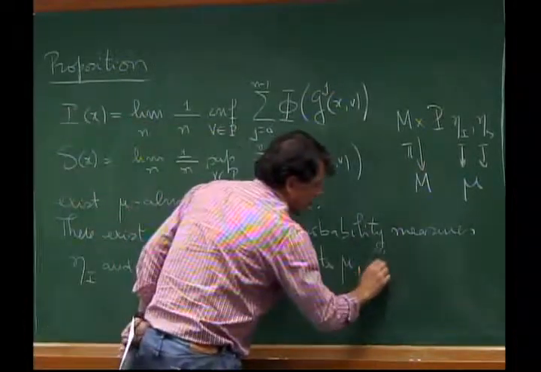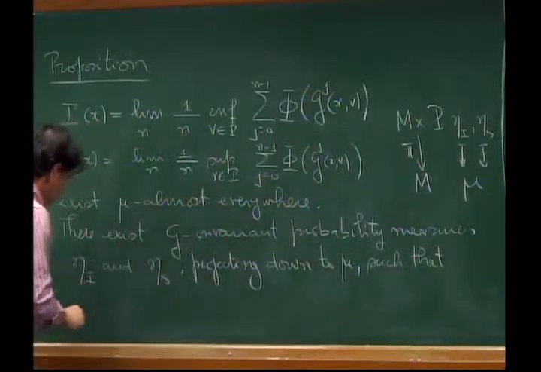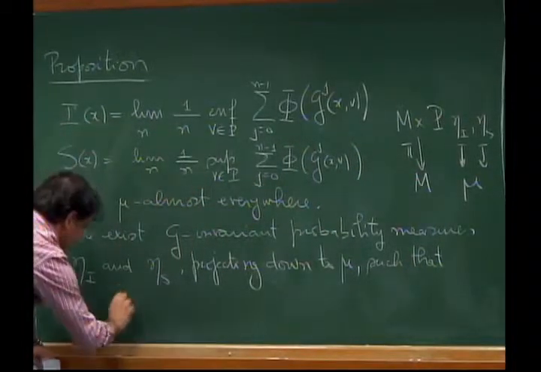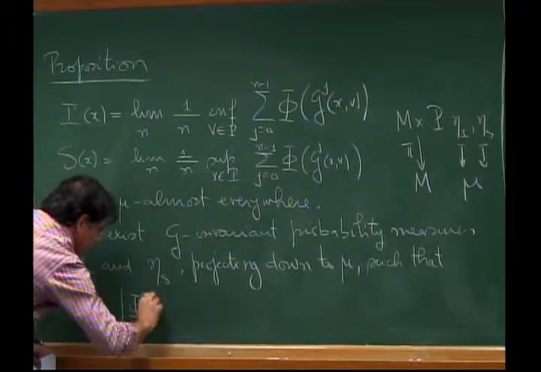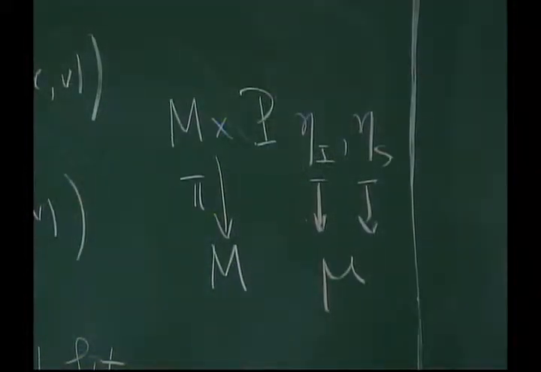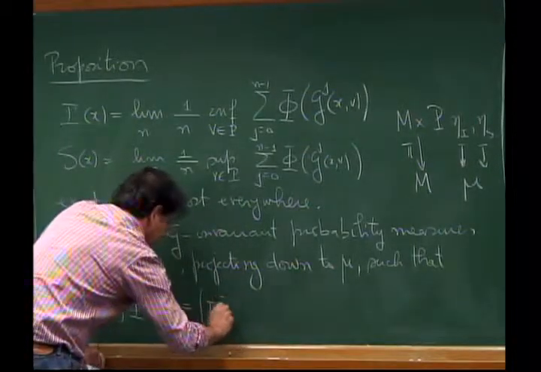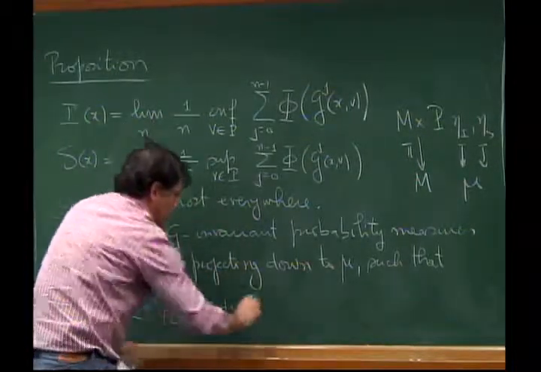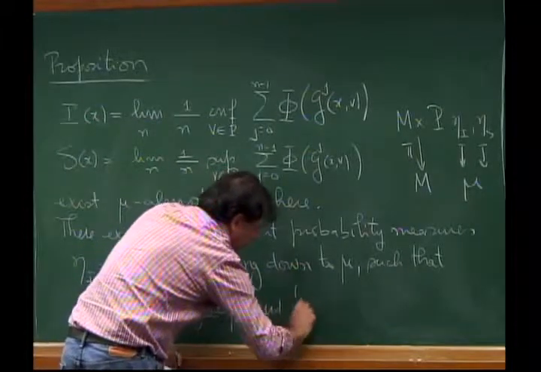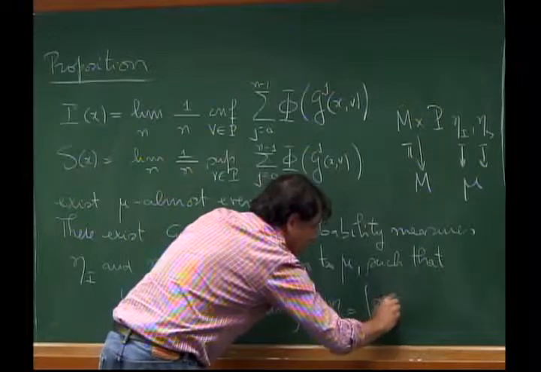Such that the integral of phi d eta I is equal to the integral of I d mu, and the integral of phi d eta S is the integral of S d mu.